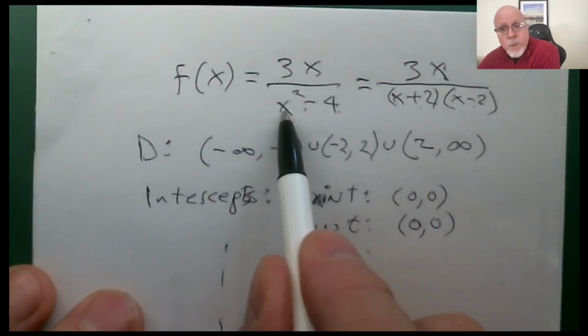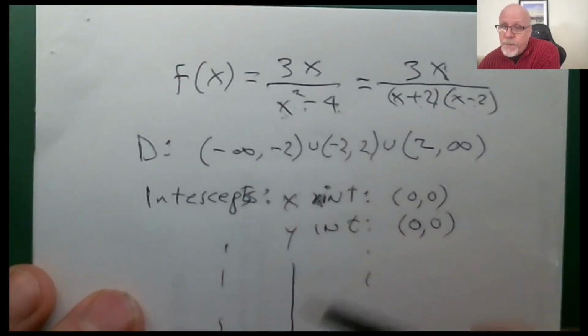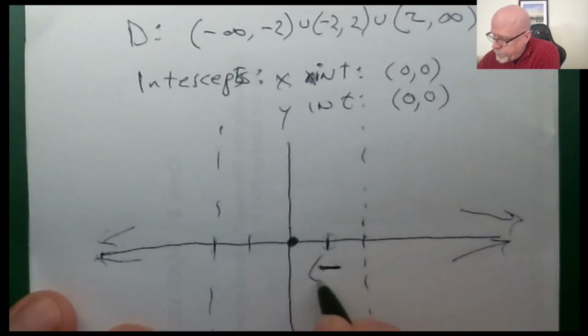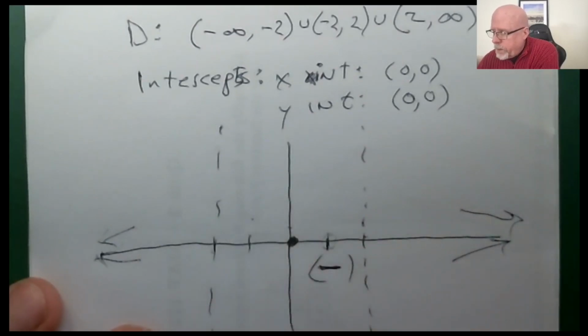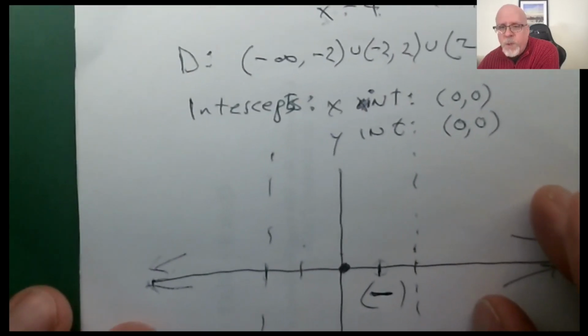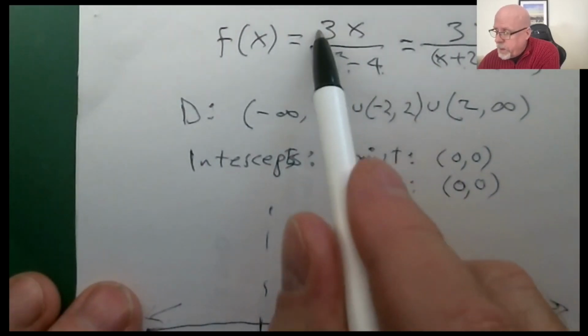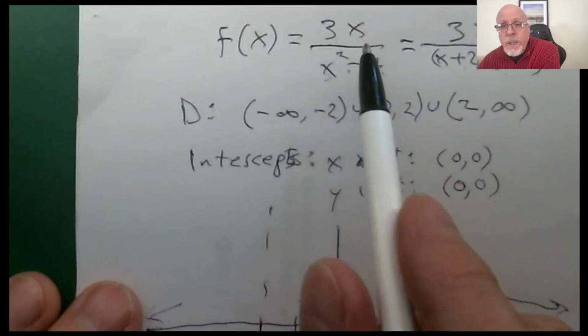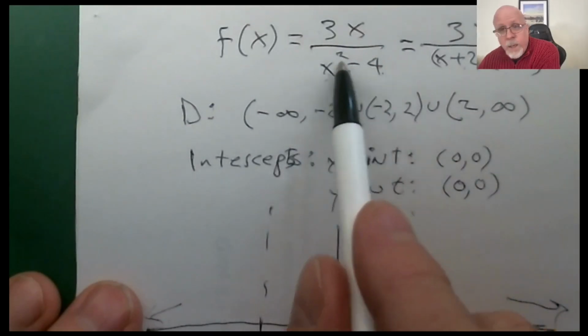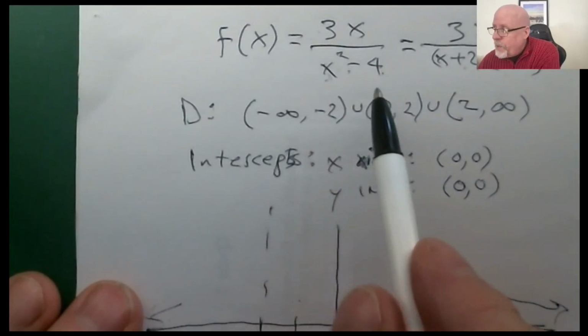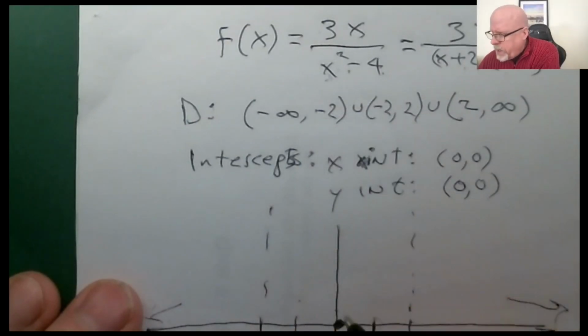But the bottom would be 1 squared minus 4. That's a negative number. So in here we're negative. How about there, in the other interval formed between a vertical asymptote and an intercept? Well, that would be -1, and the numerator would now be -3, and the denominator would also be -3, because -1 squared is +1. So those things cancel, and we end up with something positive in there.